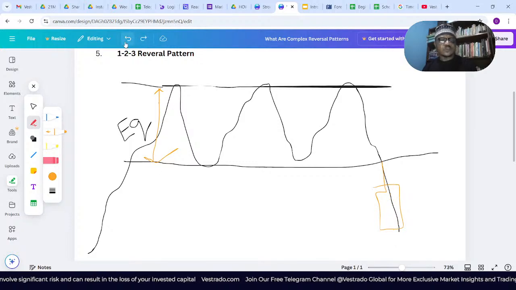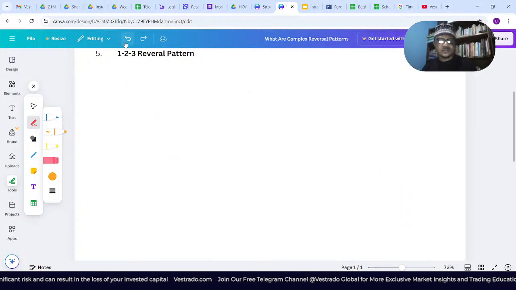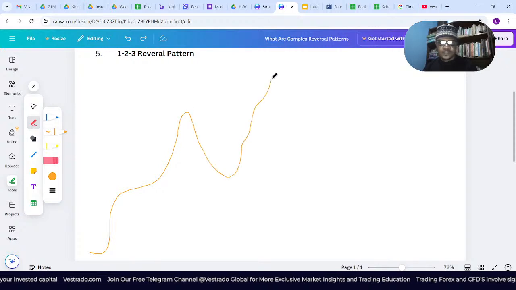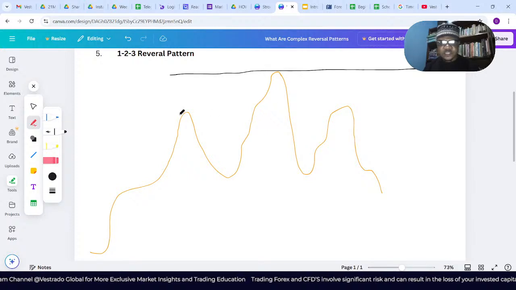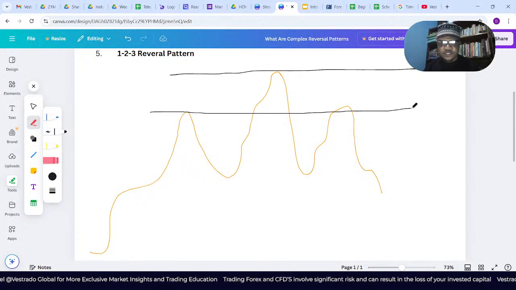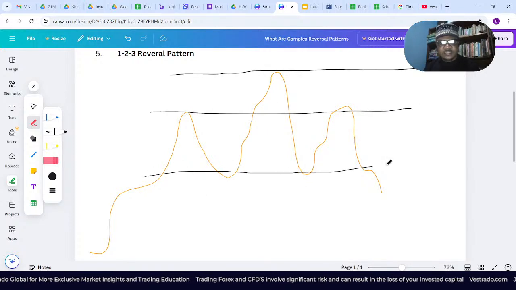Now, let's go for heads and shoulders. So imagine this. Left shoulder, head, right shoulder. Now, again, this tells us there's resistance here, and then this is the neck.